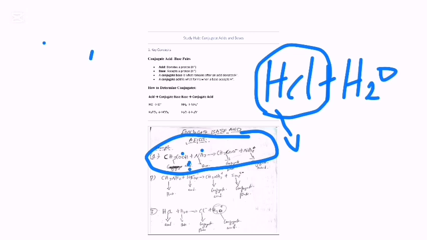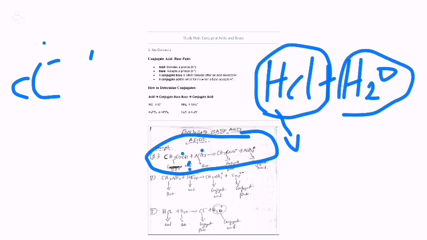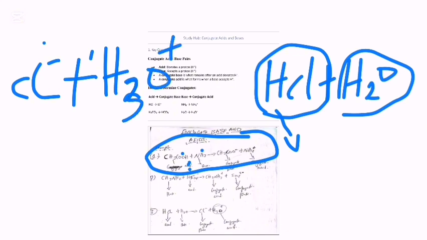Hydrogen will be lost from HCl, so it will be Cl negative, and H2O will gain hydrogen, so it will be H3O positive. So this is the key.